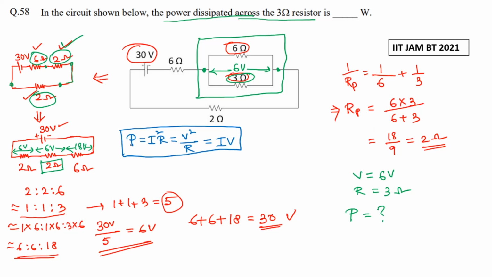I hope you remember that the amount of heat generated is H equals I square RT, right? Here T is time, I is the amount of current flow, and R is the resistance, so H is the heat generated.